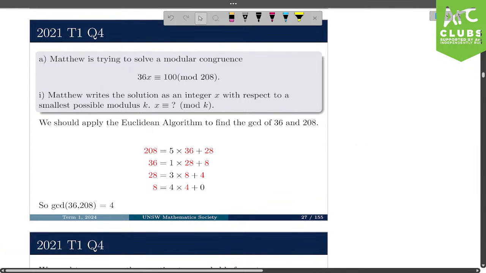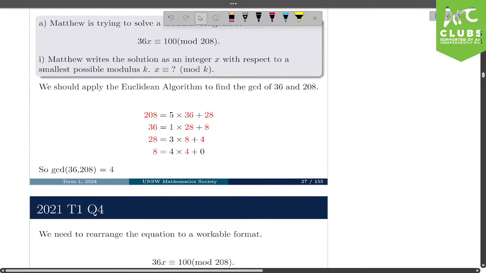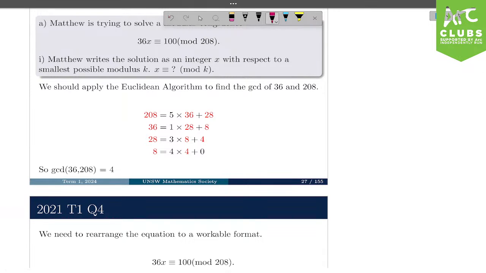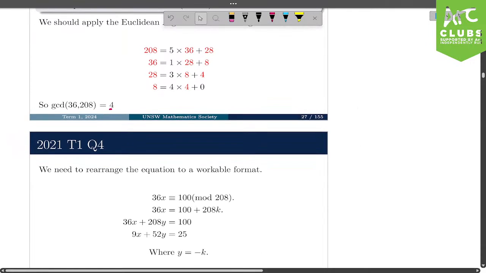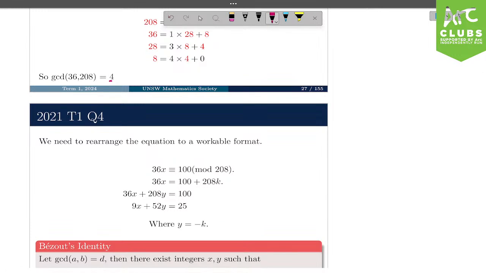You can see here we use the Euclidean algorithm. It's just some arithmetic, and we finally end up with the GCD of 36 and 208 being equal to 4. So by definition, 36x is congruent to 100 mod 208 means that 36x is equal to 100 plus 208k for some integer k.